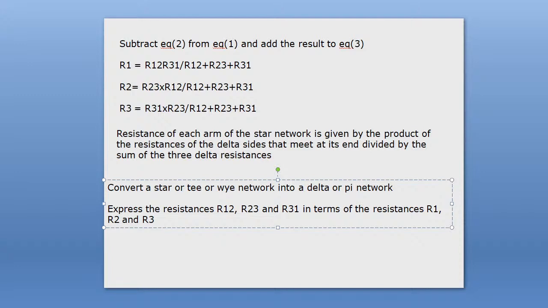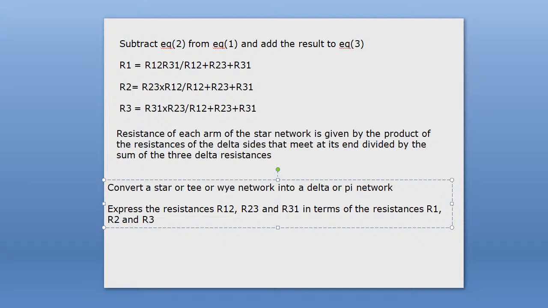Now if I ask you, convert a star network or T network or Y network into a delta or pi network, similarly, you will write the expression, the previous three equation you will use. The previous three equation 1, 2, 3 you will use to derive the expression of R12, R23 and R31 in terms of R1, R2, R3.